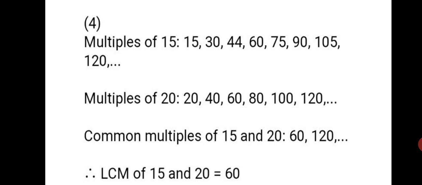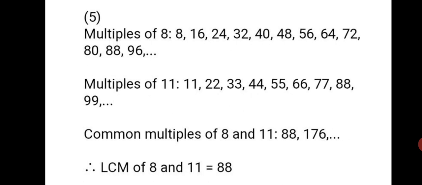Once you find that 60 is the common multiple of 15 and 20, you can put a comma and dots, or you can go on writing two or three more numbers. It's up to you. But our target is to find the lowest common multiple. So one is enough. Therefore, LCM of 15 and 20 is equal to 60.